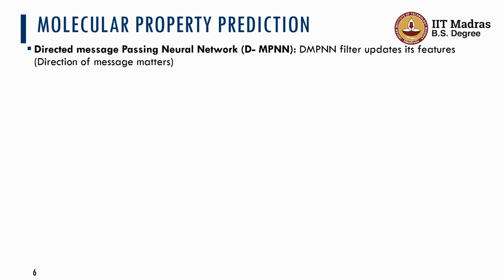So the directed message passing neural network, which is called DMPNN, updates the features of edges and nodes, where the direction of message matters. In other words, the message from V to W and W to V are different.